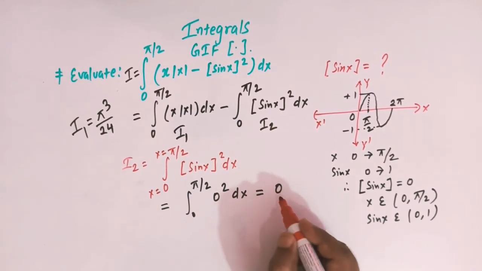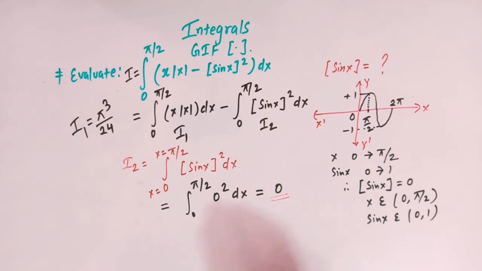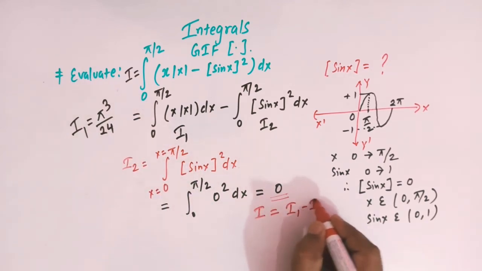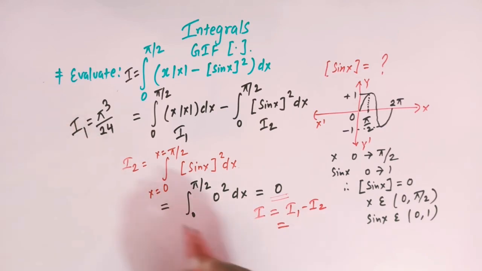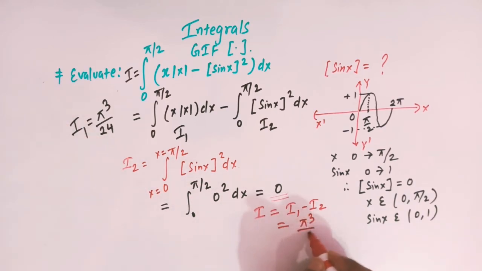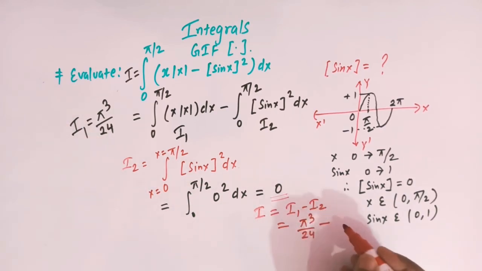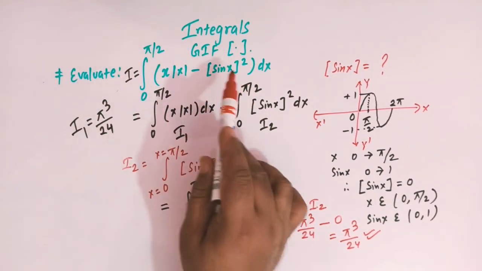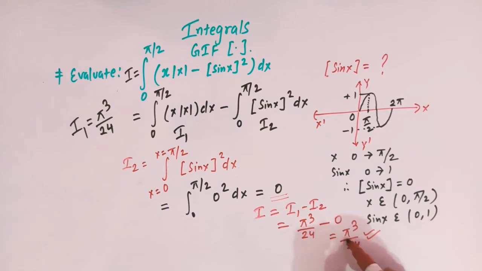So now we have I2 is equal to 0, and the overall value of the integral I is I1 minus I2, and I1 is pi cube over 24, and I2 is 0, right? So we have pi cube over 24, right? So the value of this integral is equal to pi cube over 24, right?